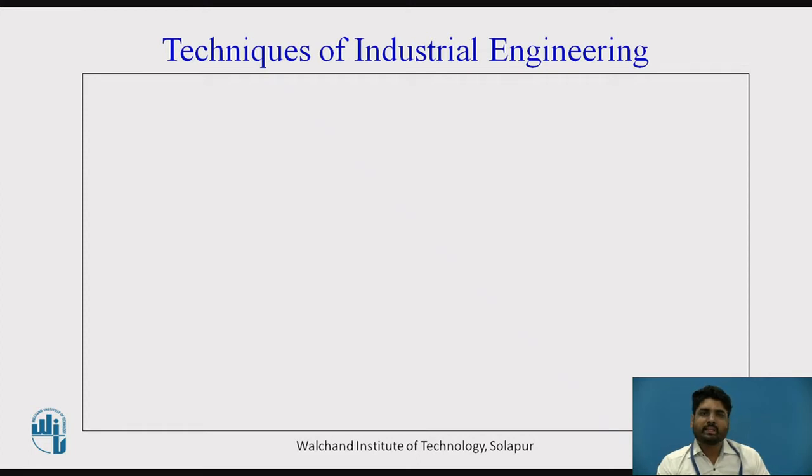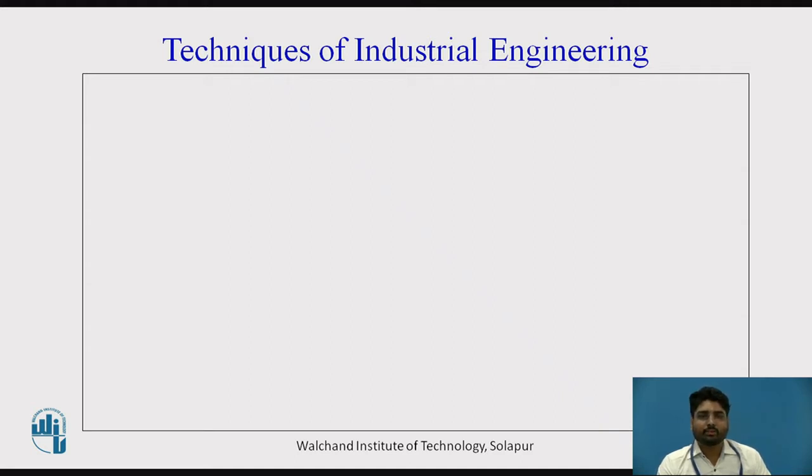The tools and techniques of industrial engineering aim at improving the productivity of the organization by optimum utilization of the organization's resources, that is men, material and machines.